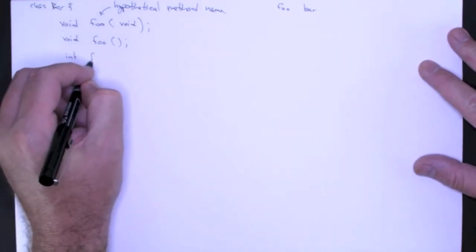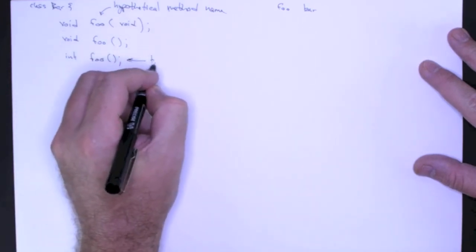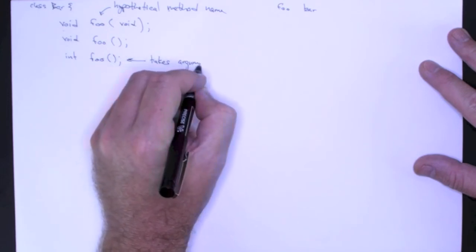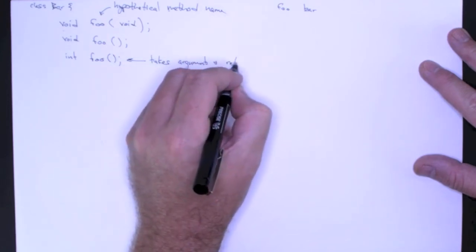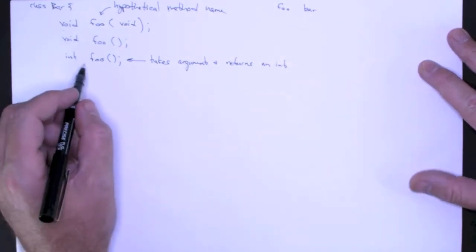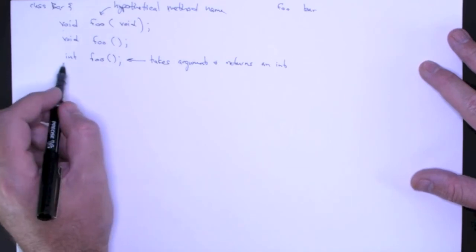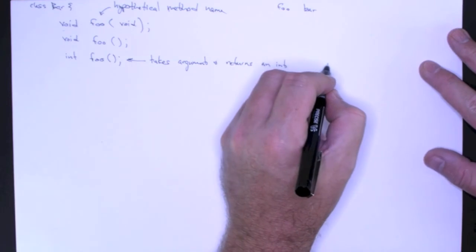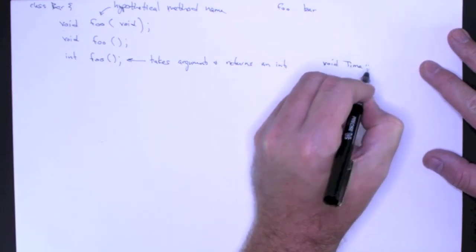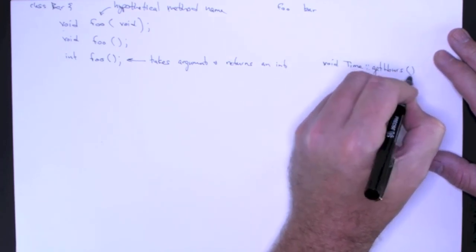And of course, we can specify a return type. So here is something that takes no parameters or takes no arguments and returns an int. This actually is a very common way of writing get methods or these observer methods. So as an example, for the time class, we had the get hours method.